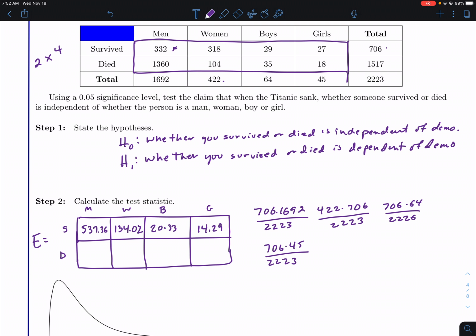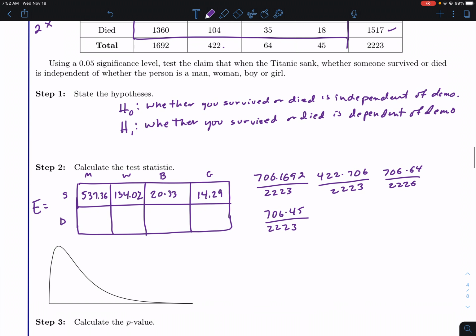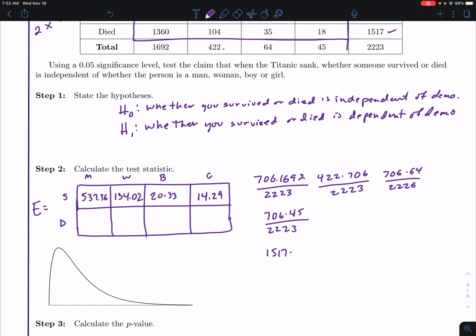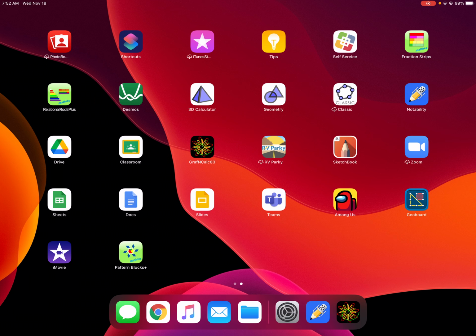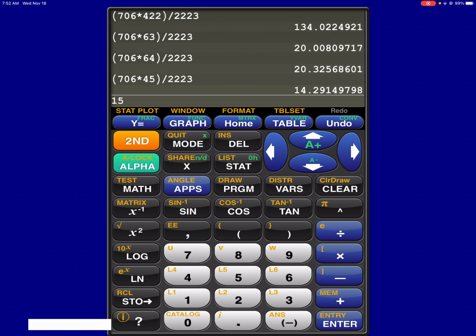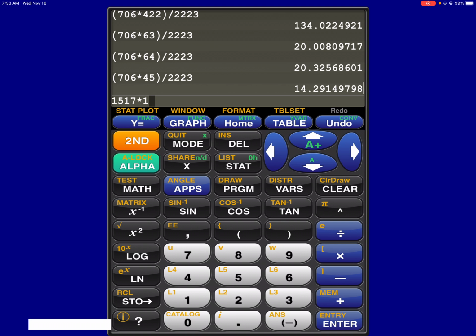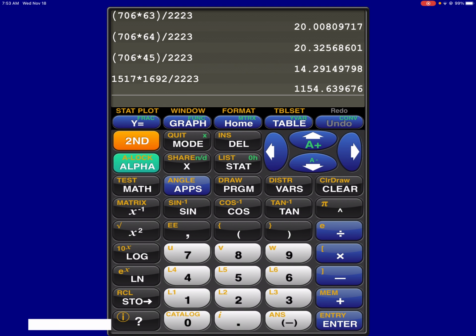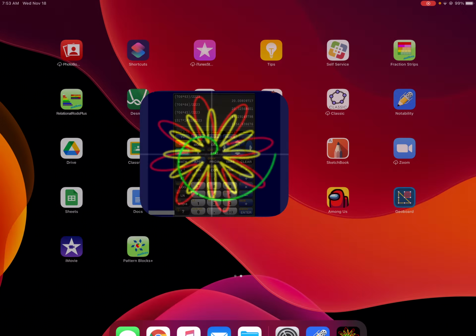And now we want to do the exact same thing for the died ones. So in this case, we're going to use the 1517 as the top number times the 1692 first, all divided by 2223. So 1154.64.